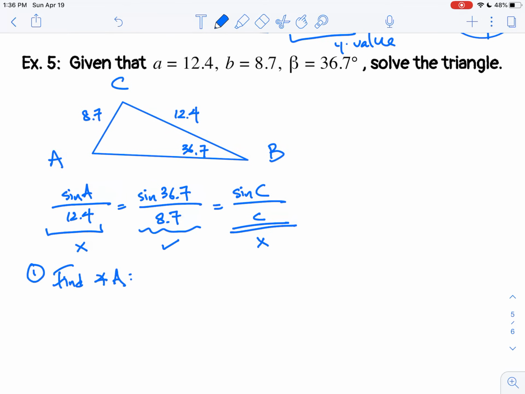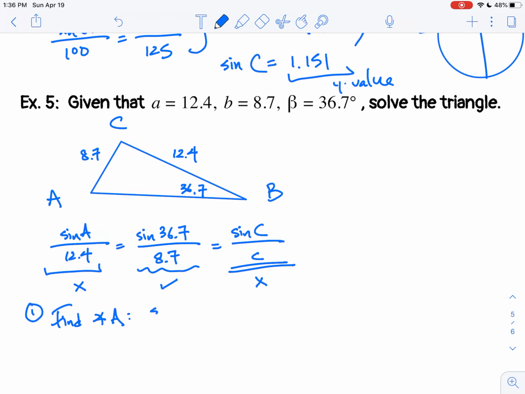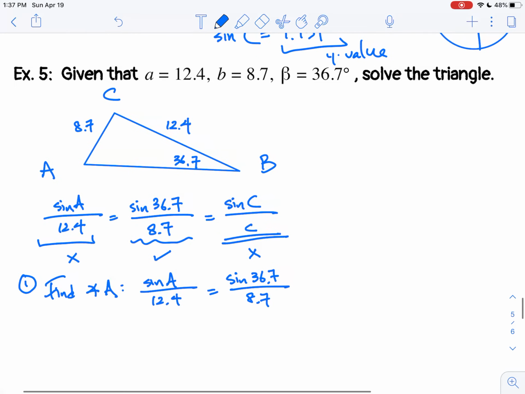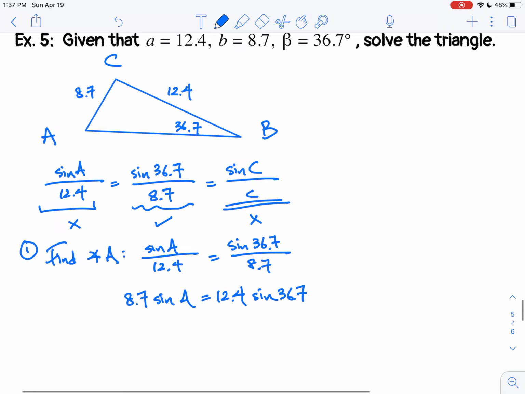Okay, so if we try and find angle A, we've got sine A over 12.4 equals sine of 36.7 over 8.7. We're going to cross multiply, so 8.7 sine A equals 12.4 sine of 36.7.